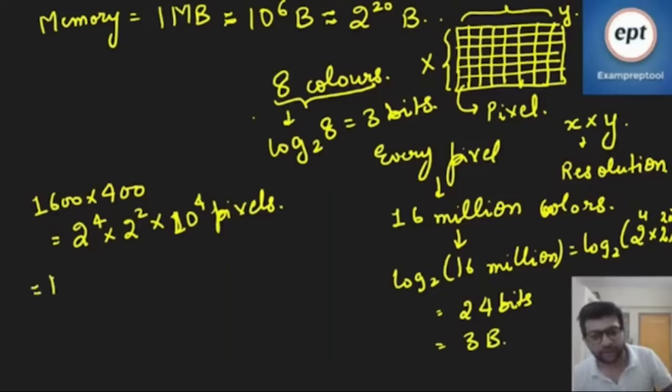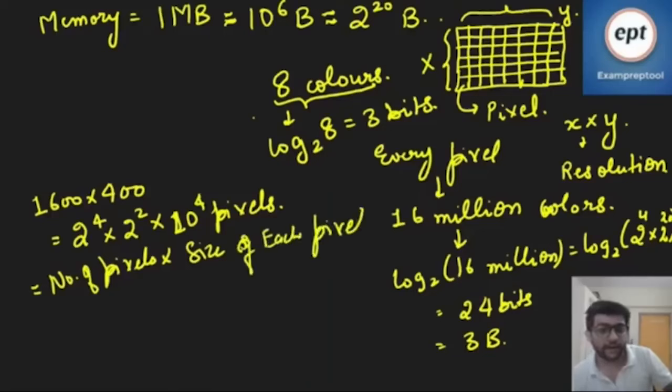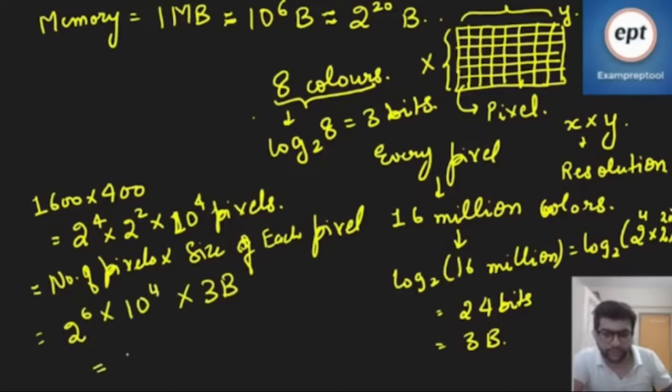It will be number of pixels into size of each pixel. And what will be the size of each pixel? It will be equal to 3 bytes. And the number of pixels are 2 power 6 into 10 raised to the power of 4. If we solve it further, that will be 64 into 3 into 10 power 4 bytes.